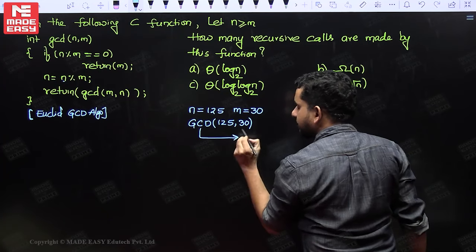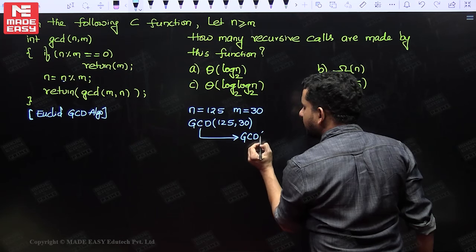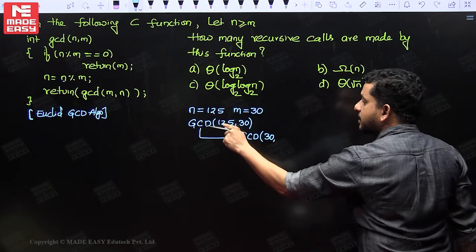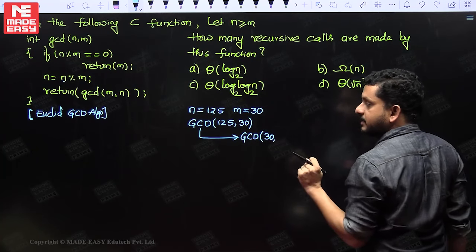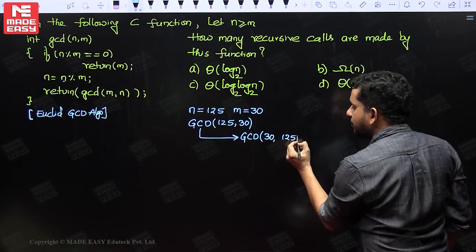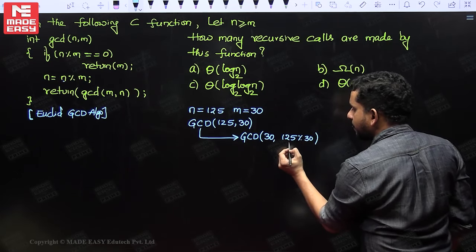Then the second parameter becomes the first parameter, GCD of 30, and now the second parameter becomes 125 mod 30. 125 mod 30 is 5, right?